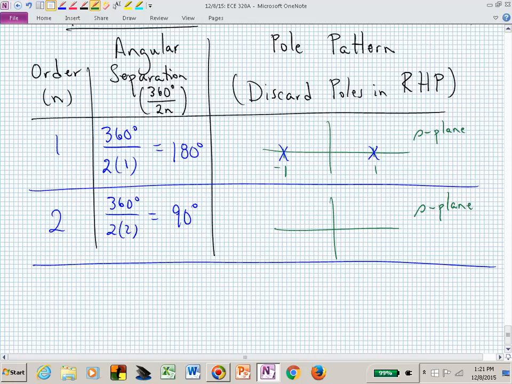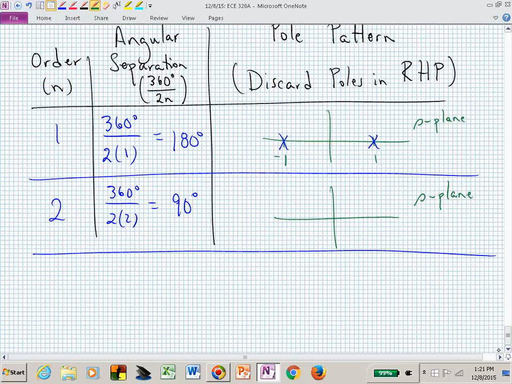So we now have 2 poles in the left half plane, 2 poles in the right half plane, and they're separated by 90 degrees. Where are they going to be? They're 1 away from the origin. That would have been an okay answer. But if we started with them on the axis, and that's not working, can't we just rotate all of them?